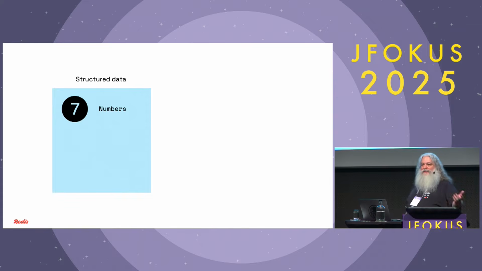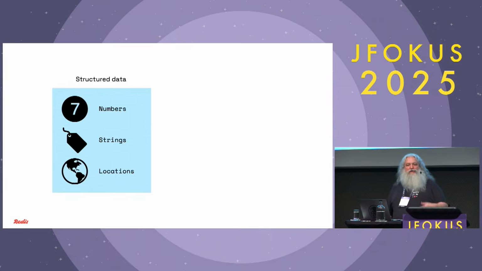It's things like numbers, like the year or the date. It's things like strings, like varchar 24s. Or it's locations and very specific measurements of things that we care about. And we can then query them very easily using things like SQL.